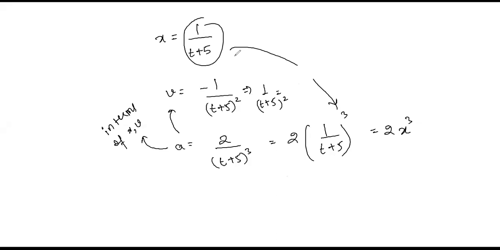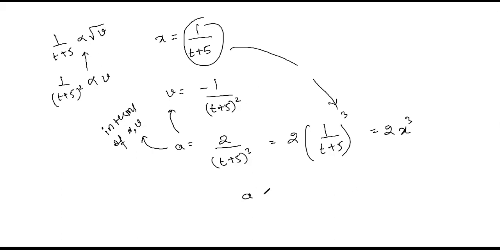let us write this in terms of proportionality, right? So from here we can see that 1 by (t plus 5) square is proportional to v. It means that 1 by (t plus 5) is proportional to under root of v. See, we took root on both sides, correct?